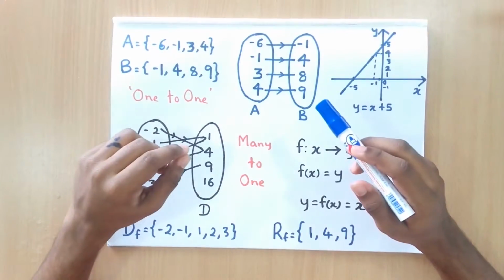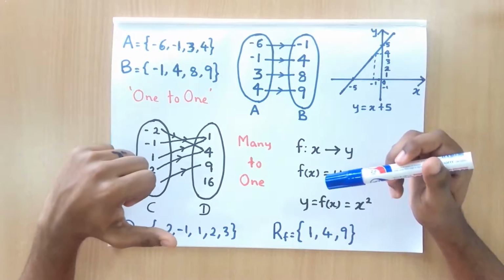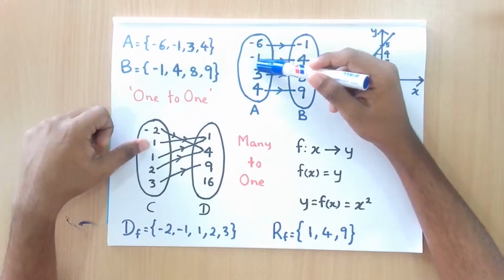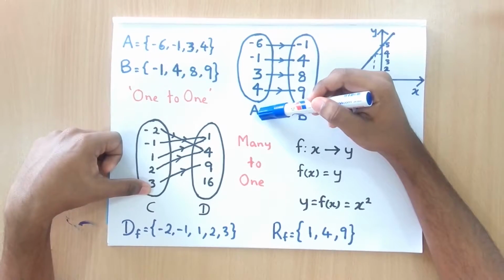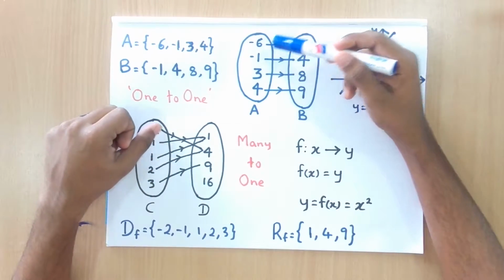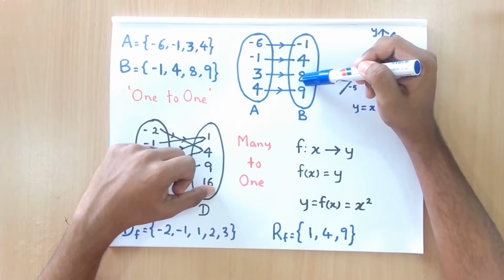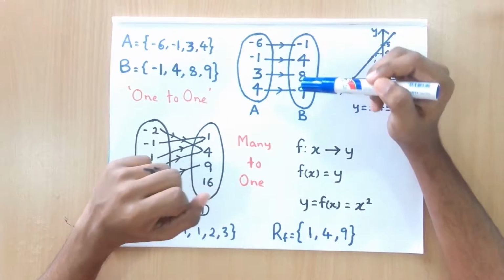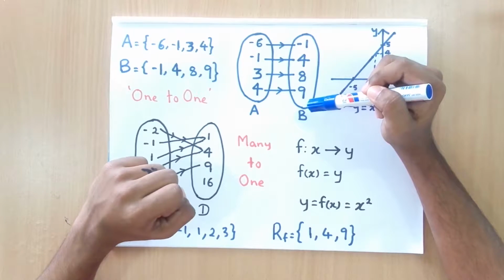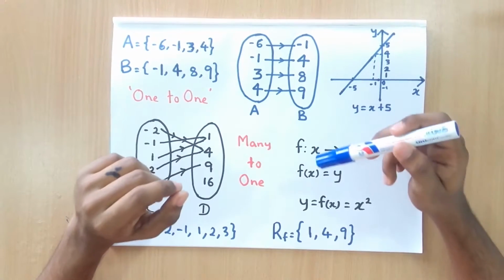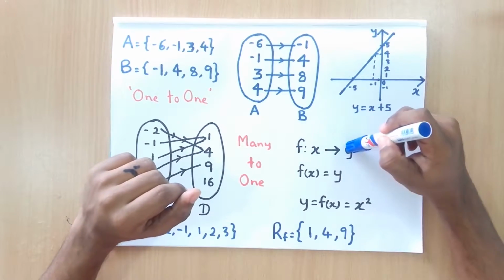So in general, a relationship where each element of set X is mapped to exactly one element of set Y is known as a function. So we say the function f maps x into y.